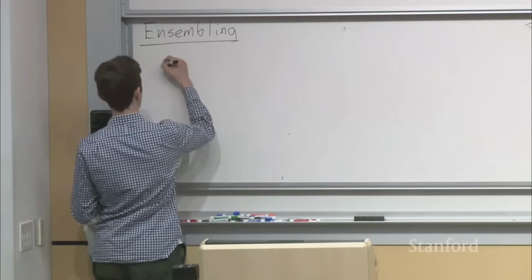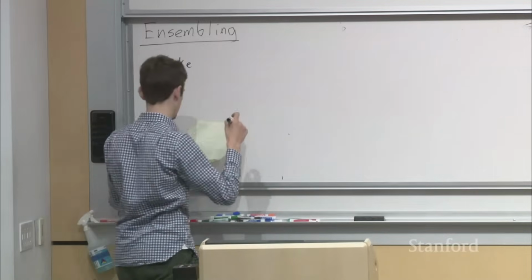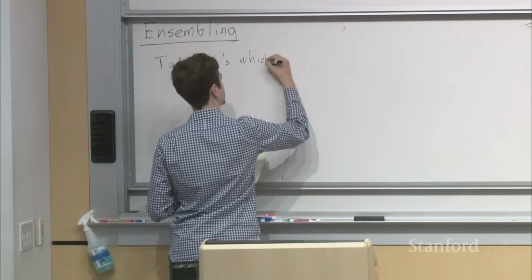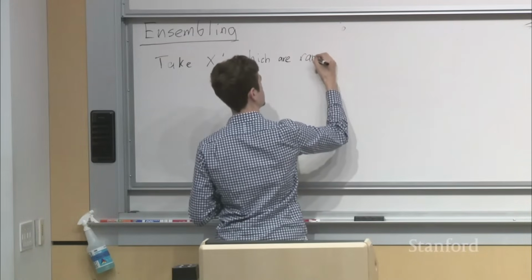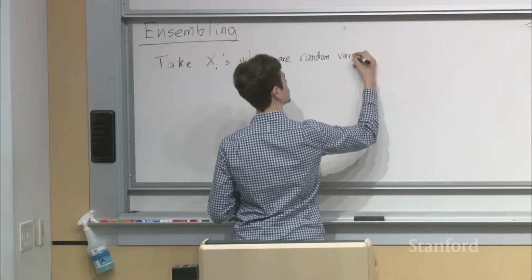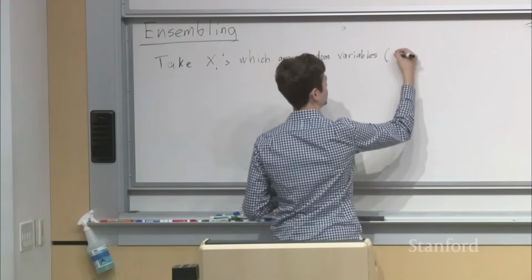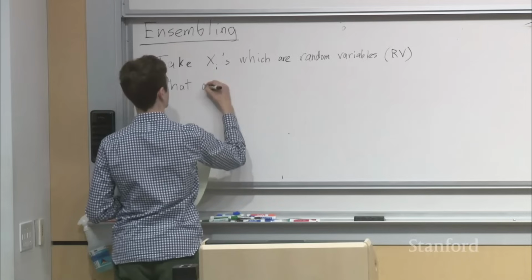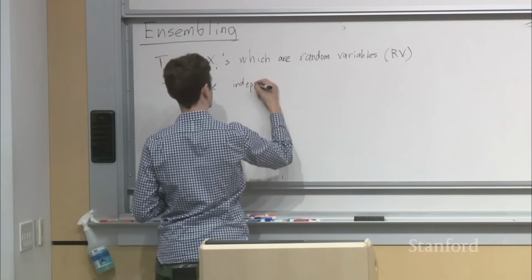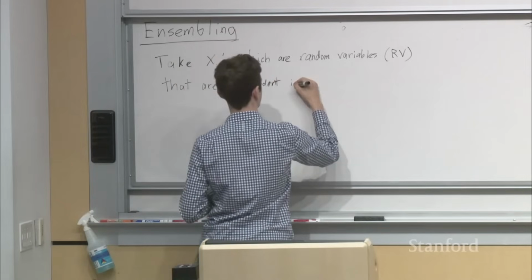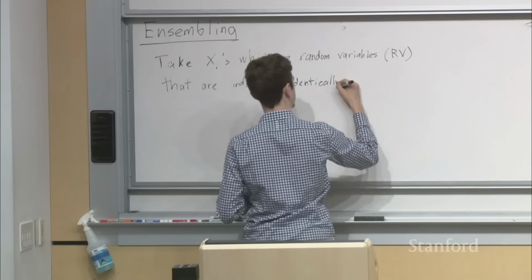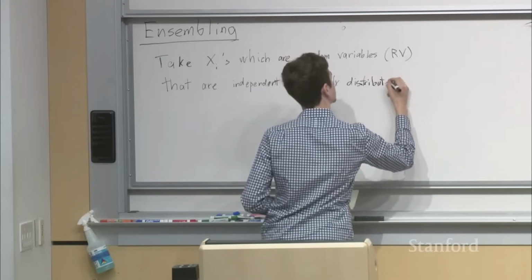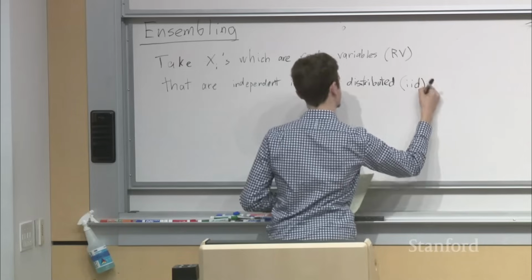Say you have xi's, which are random variables, which I'll sometimes write as RV, that are independent, identically distributed. Probably a lot of you are familiar with this already, but you can call this IID.